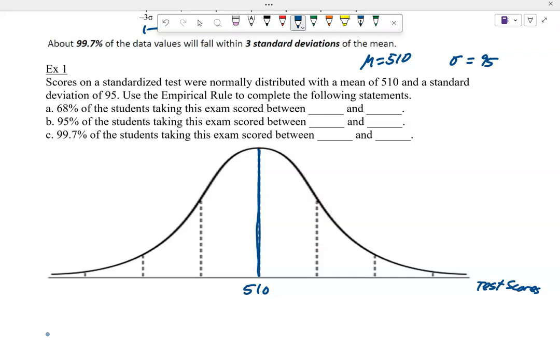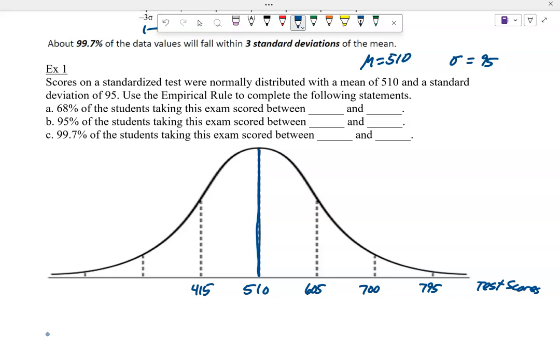Then I go up 95 from that, so 605. 510 plus 95 is 605. 605 plus 95 is 700. 700 plus 95 is 795. Now let's go down. 510 minus 95 is 415.